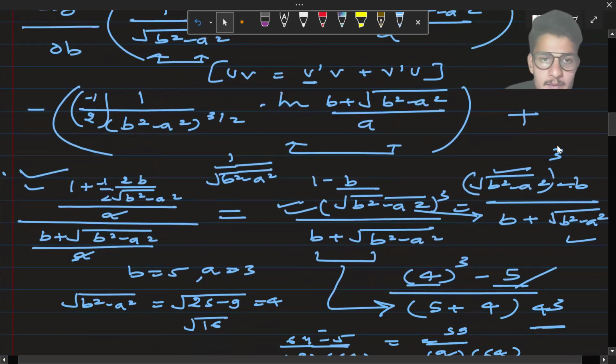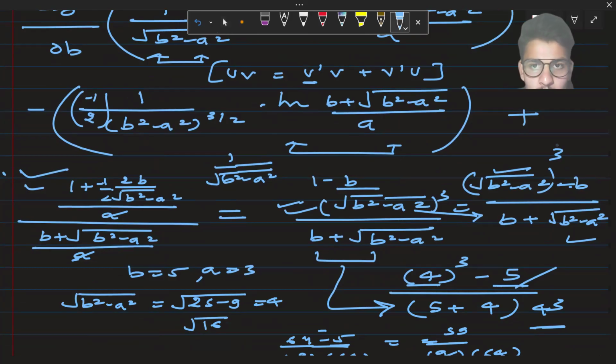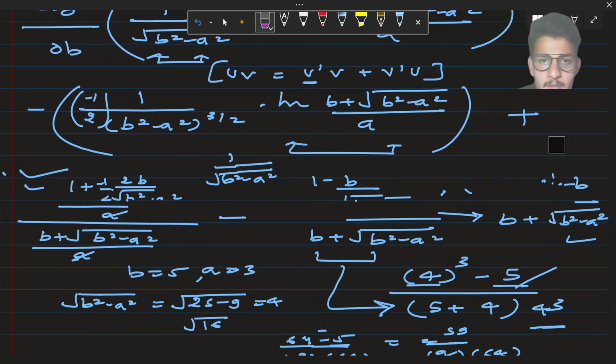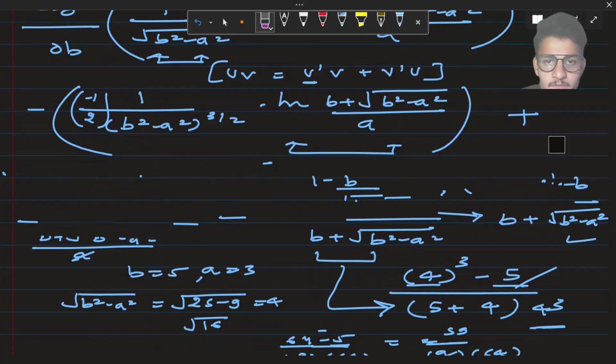Okay. This 3 will not come here. Minus 1 by 2. This 3 will not come there. We have done some mistake in the differentiation part.